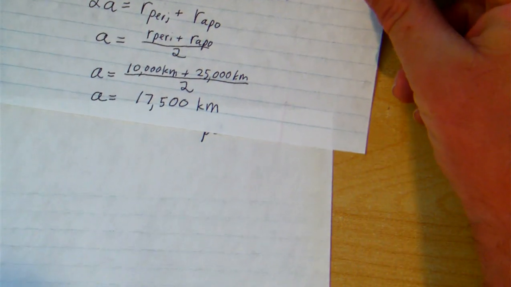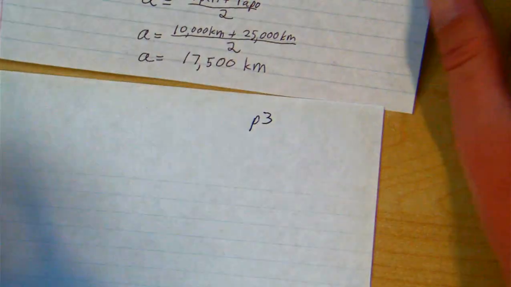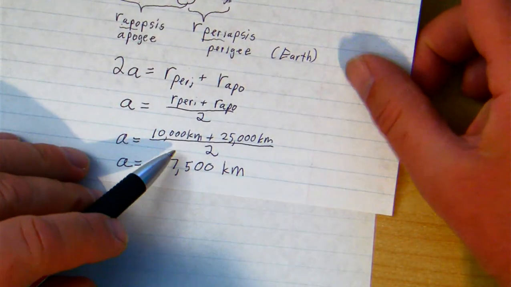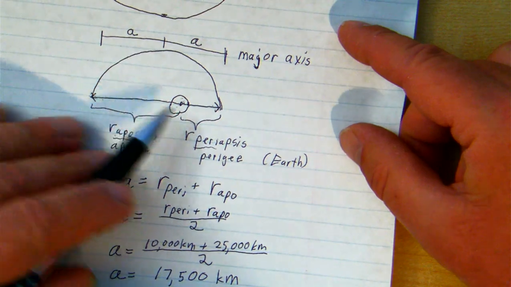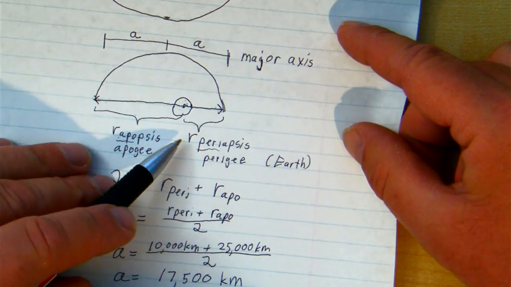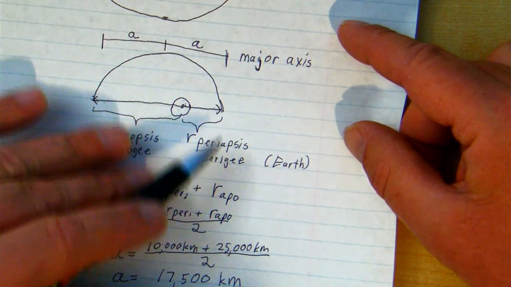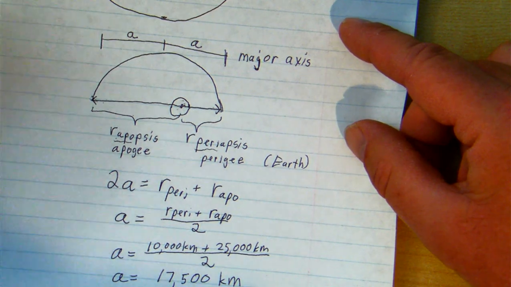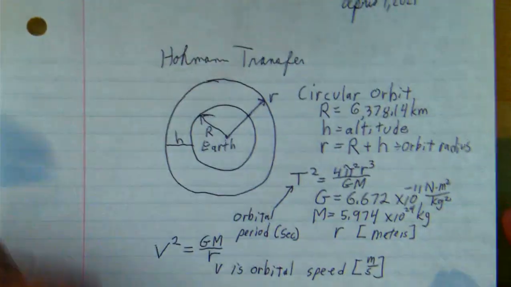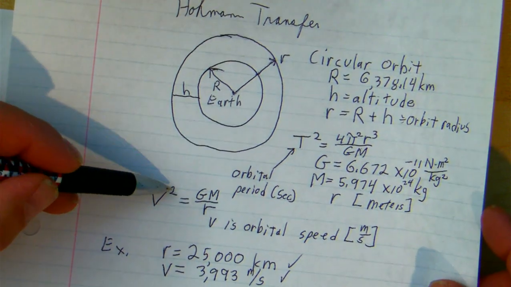So the next part of this is to say this average distance, because that's what it is, it's the average value of these two numbers, is the average velocity for this elliptical orbit. And so we can calculate using that same formula as before, v squared equals G times M divided by r.